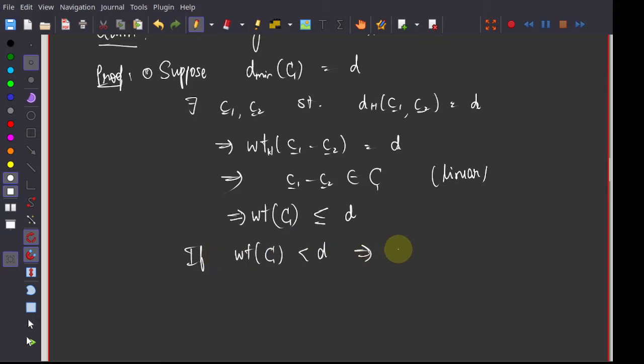Correct. So all I can say is that there exists some code word, let's call it C, in the code book, such that the Hamming weight of C is equal to whatever this quantity, call this d prime.